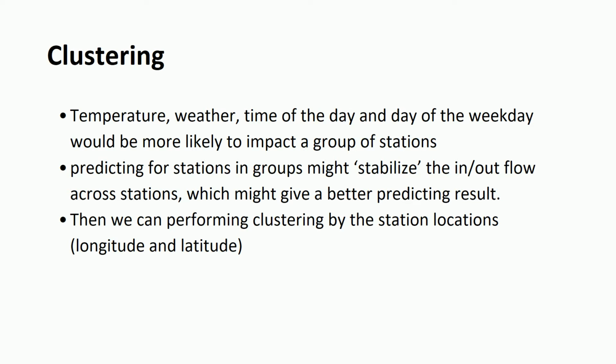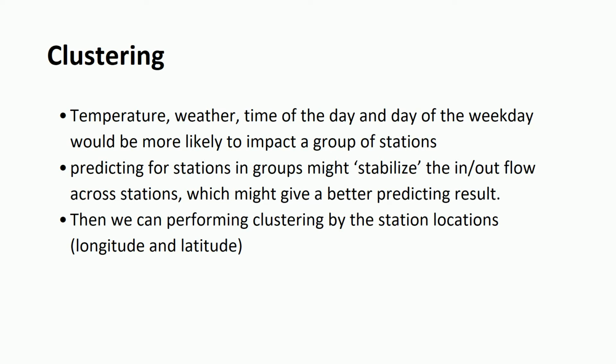Therefore, we will try to do the prediction on clustered datasets. Since temperature, weather, time of the day and day of the week would be more likely to impact a group of stations rather than a single station, predicting the inflow or outflow after clustering seems more reasonable.